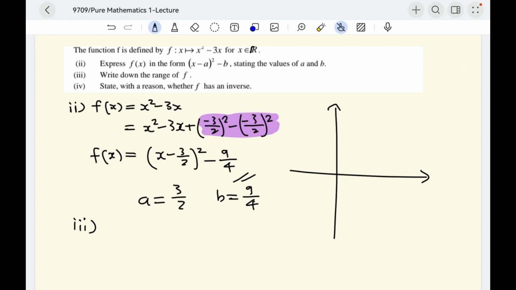It means that the parabola moves to the right horizontally by 3 over 2 units and downwards by 9 over 4. Here is the approximate coordinate of the turning point.